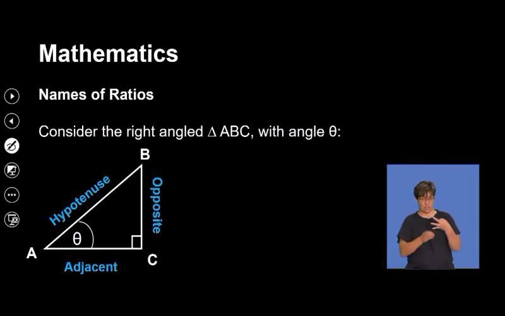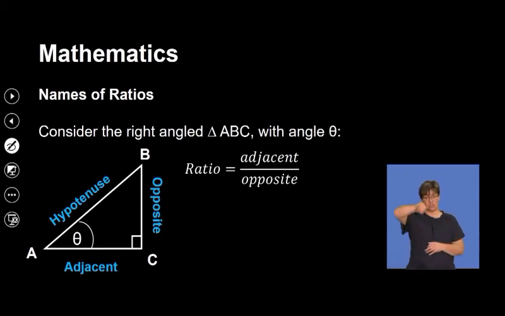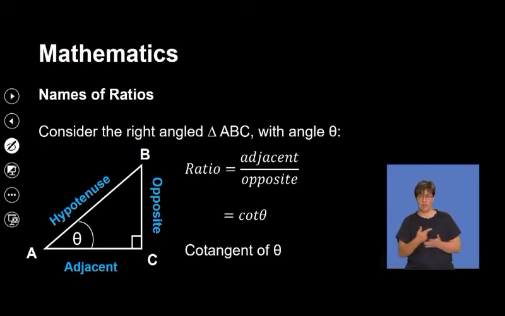Now, the other one also, if it is adjacent over opposite, remember tan was opposite over adjacent, now we swap the numerator and denominator around. This gives us what we call cot theta, which is cotangent of theta.